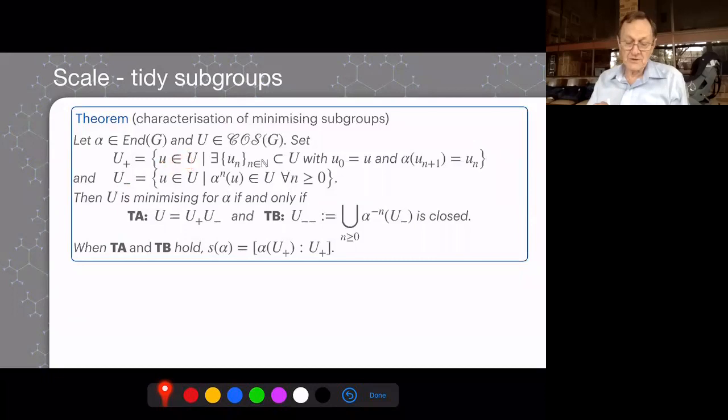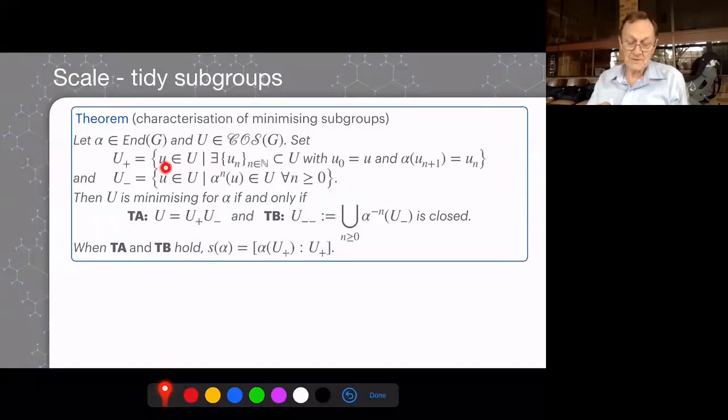Now, U plus is the set of all elements of U, so it's a subgroup of U, such that that element has a history inside U. So we can find some sequence inside U such that alpha of u_{n+1} maps to u_n. So the inverse image of U under alpha might not be unique because alpha is an endomorphism.